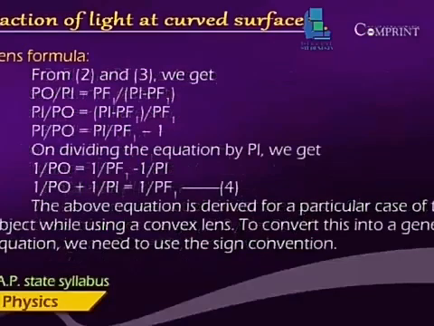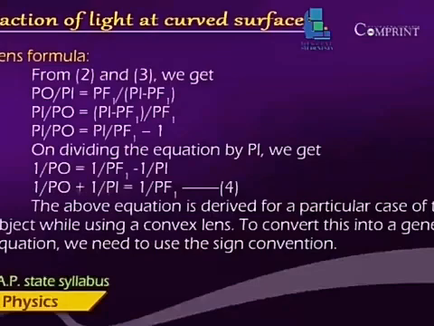From 2 and 3, we get PO by PI is equal to PF1 by PI minus PF1. PI by PO is equal to PI minus PF1 by PF1. PI by PO is equal to PI by PF1 minus 1.